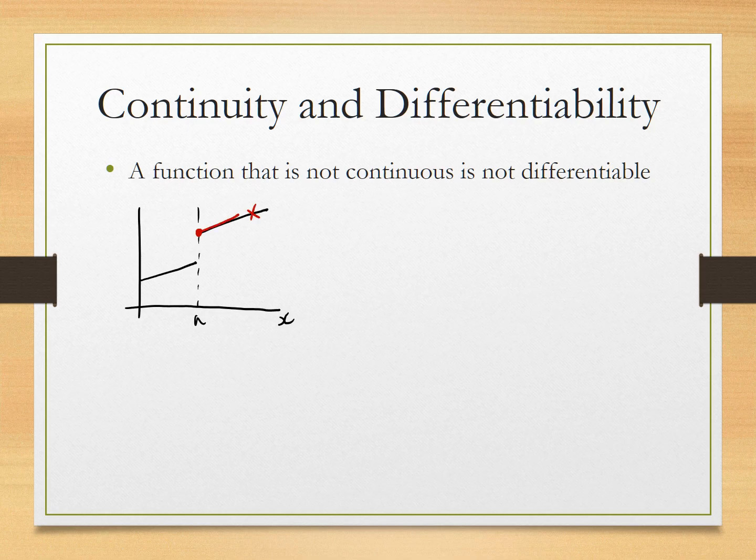If you're trying to approximate the slope from the right, in this case you get the accurate slope because I am drawing two straight lines. That's okay. But what happens when you try to approximate the slope from the left? You pick a point, you calculate the two-point formula, and notice that the slope is very different.